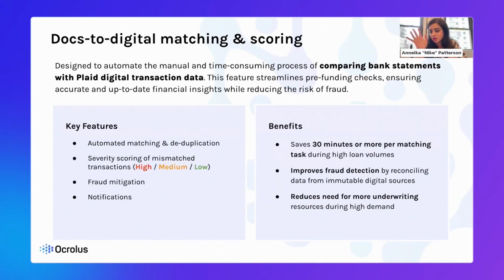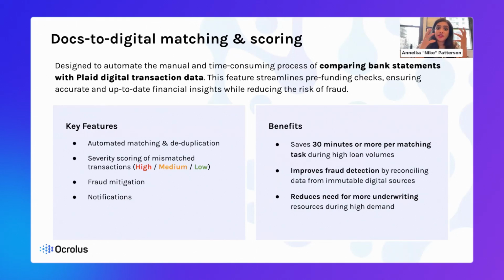But one key thing I also want to point out is not all mismatches in your Plaid data and your bank data are equal. There's some really high risk severity mismatches you want to know about, and Lokesh is going to show you in a second here. But if someone has debt in their digital data source that did not show up on their bank statement, you need to know about that, right?